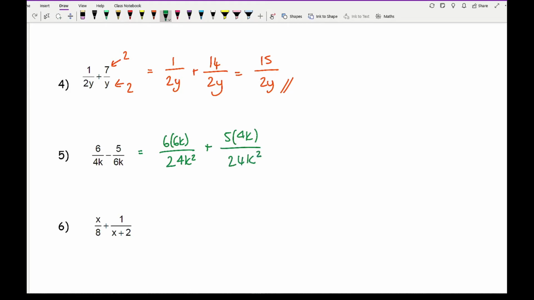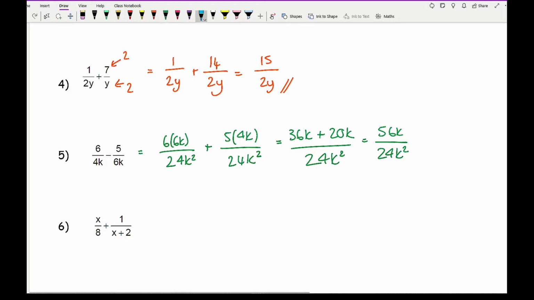Now I could have easily just multiplied, let's say, the first fraction by 6 and the second fraction by 4 and having a common denominator of 24k. But again, depending on how you want to work, it should still give you the same answer. So here we've got 36k plus 20k over 24k squared. And again, adding the two numerators together, I get this.